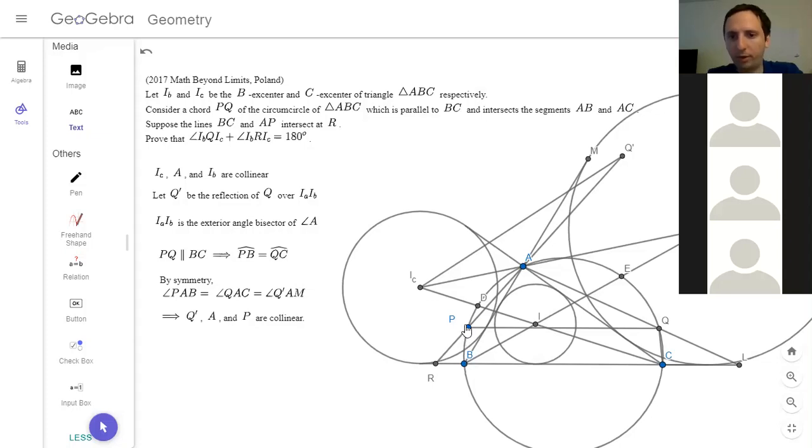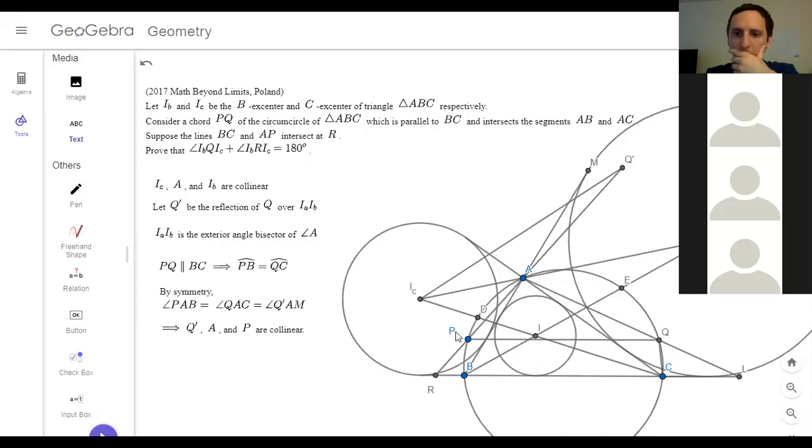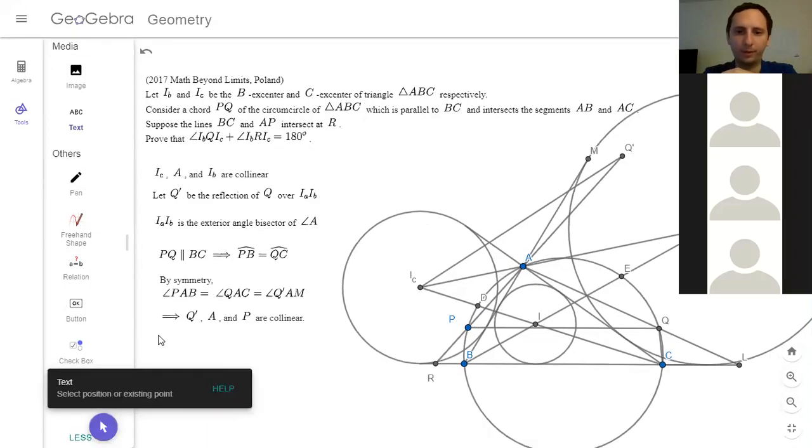Wait, were those the two triangles, PBA and QAC? I don't think so. It was a different pair of triangles, right? Let me check the chat. Oh, okay. APB is similar to ACL. Sorry, I know that's what you said earlier. I just got confused.